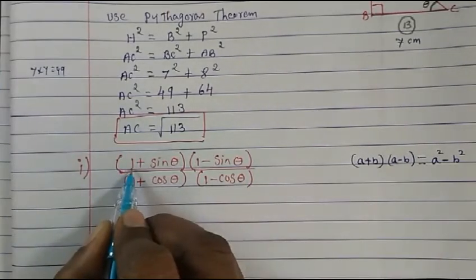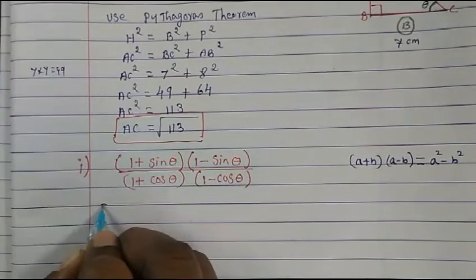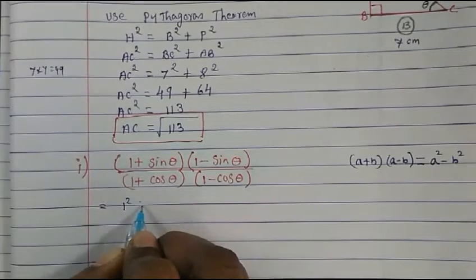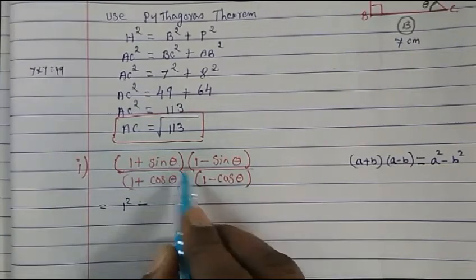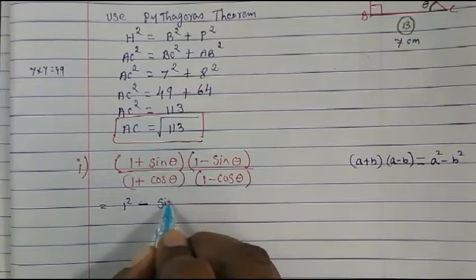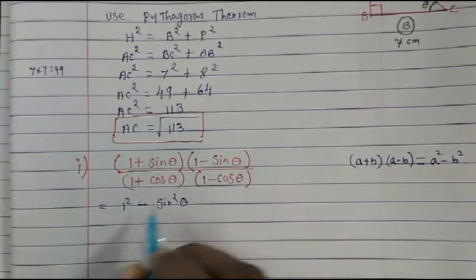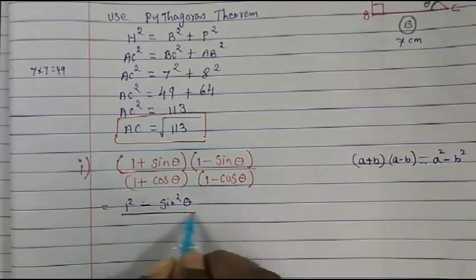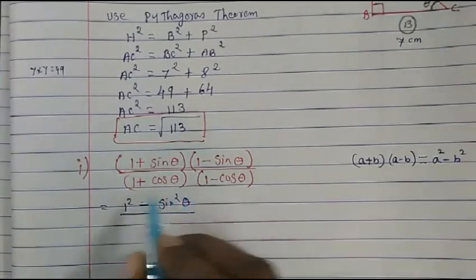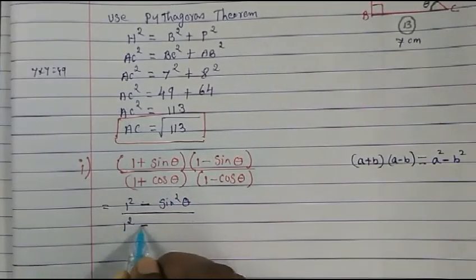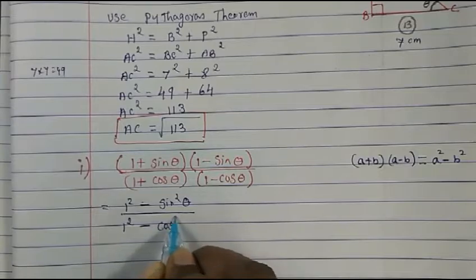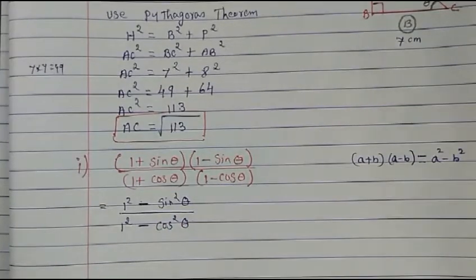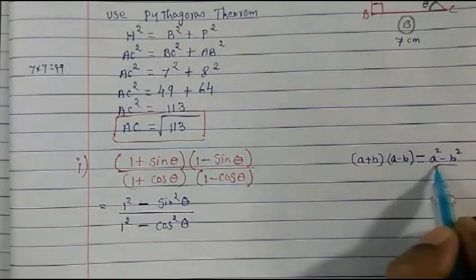So here our a is 1, so 1 square, then minus b, which is sine, so sine square theta. Same way, this is also there, so 1 square minus cos square theta. So we can write it like this.